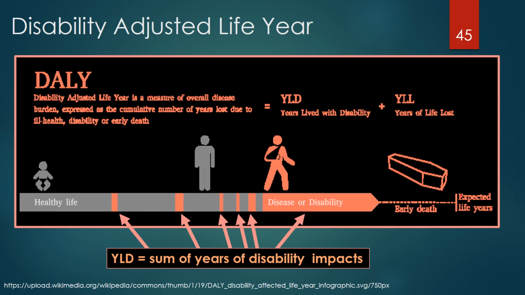DALY is a measure of overall disease burden expressed as the cumulative number of years lost due to ill health, disability, or early death. The formula for DALY equals YLD, or years lived with disability, plus YLL, or years of life lost.